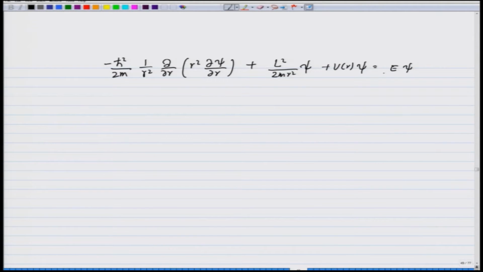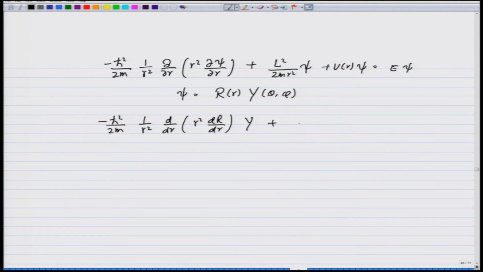So, when I have minus h cross square over 2m 1 over r square d by dr of r square d psi over dr plus L square over 2m r square psi plus V(r) psi equals E psi, and write psi equals some function R(r), other function which I am writing Y(theta, phi), then what I get is minus h cross square over 2m 1 over r square, the full derivative of r square dR by dr times Y plus L acts only on those functions which are functions of theta and phi, because it involves no derivative with respect to r.